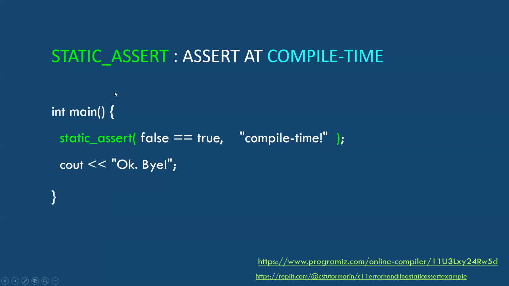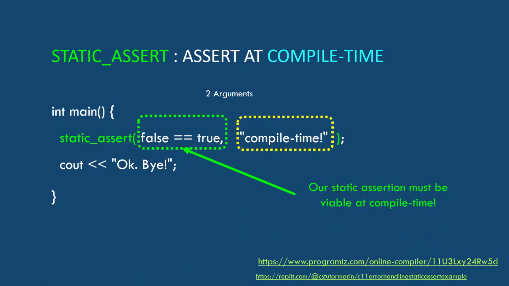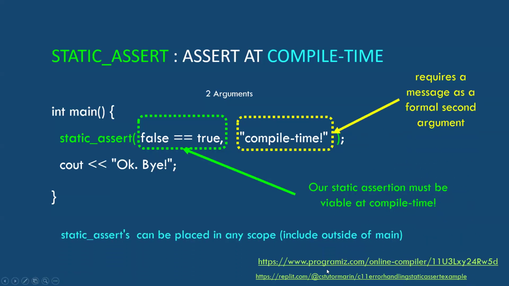The nice thing about these static asserts is we have a more formal way to implement a message here, right? So with these things, I don't have to do a hacky thing to try to get some kind of message printed out. So let's see if we can trigger this one real quick by clicking into here.